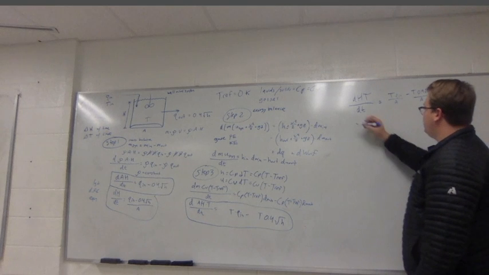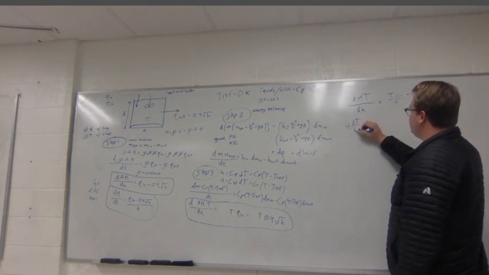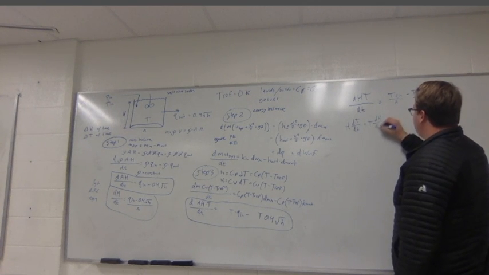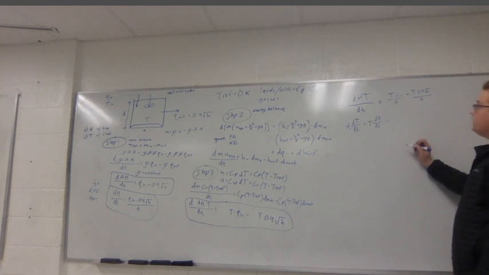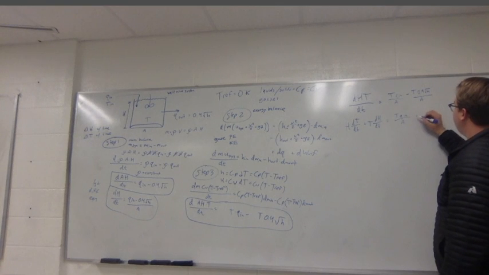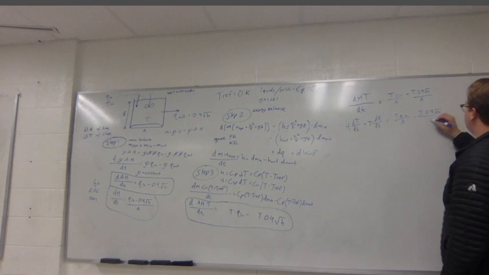So I'm going to do that just like this. h times dT/dt plus T times dh/dt is equal to T Qin over A minus T 0.4 root h over A.